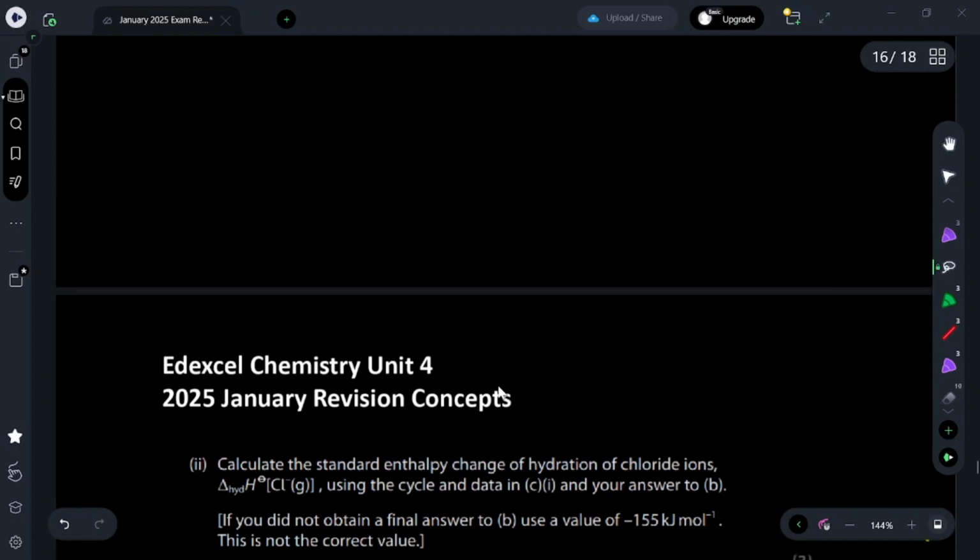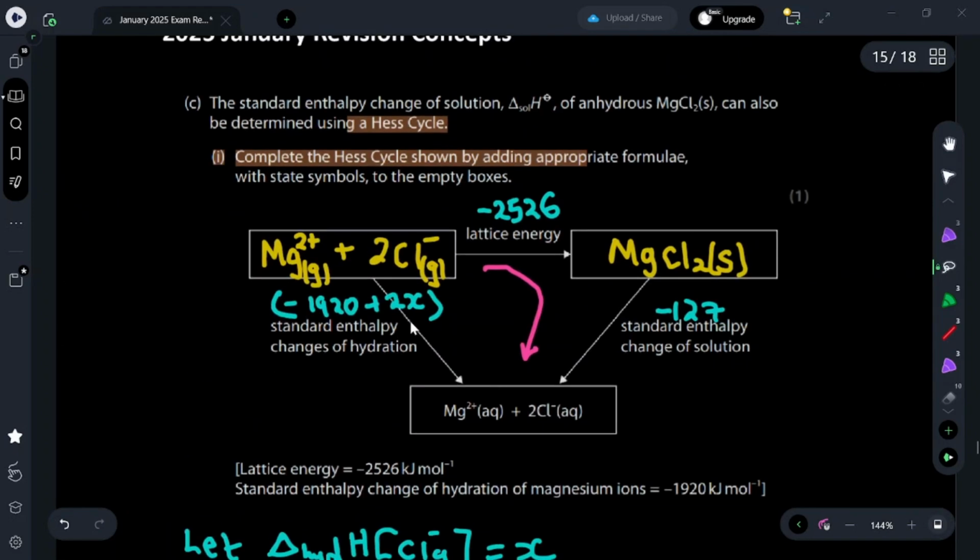All right. So we have the cycle here. We've already let the enthalpy change of hydration of chloride ions be X. 2 moles of that, because X is the molar enthalpy change, is going to be 2X. Then we have the lattice energy given to us, negative 2,526. We have the standard enthalpy change of solution of magnesium chloride, negative 127.